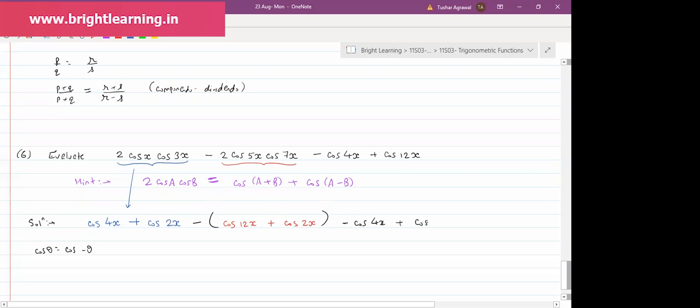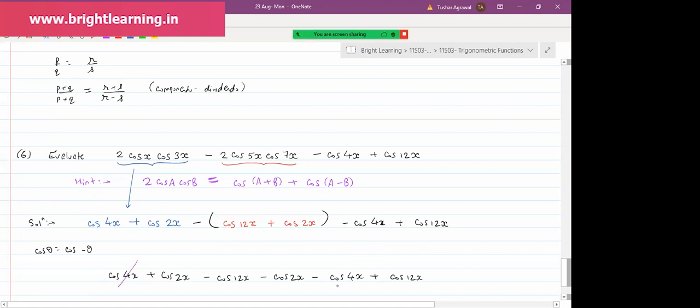plus cos 12x. Now what remains is, this is my cos 4x, this is my cos 2x, subtraction cos 12x, subtraction cos 2x minus cos 4x plus cos 12x.